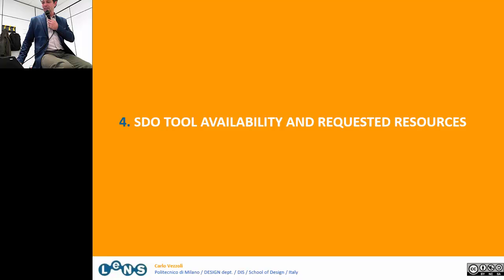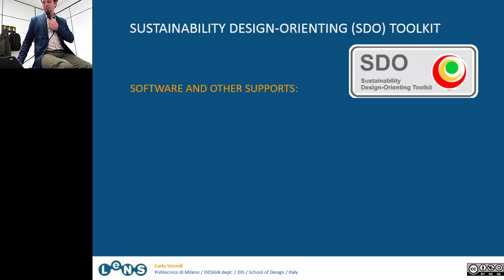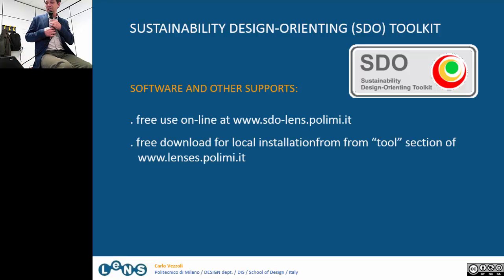The tool availability and the requested resources: this is a software tool, it's free online. You can actually download this tool for a local installation, so even on your laptop, or a university can download it.